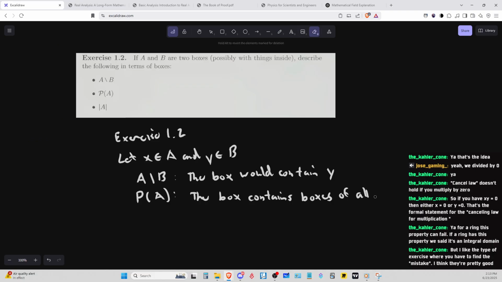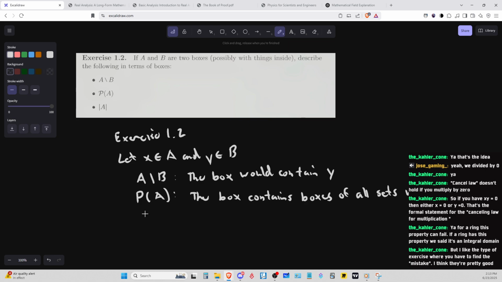I was going to say all combinations, but let's just write sets. All sets within A. I mean, it's a good way of showing a better understanding of proofs of sets, making it like boxes.